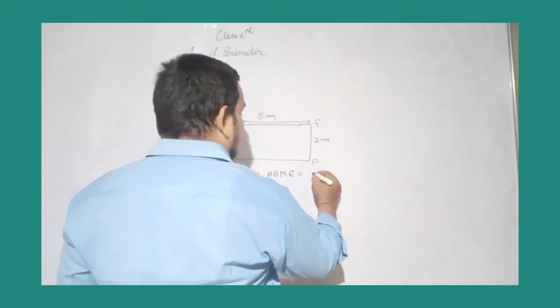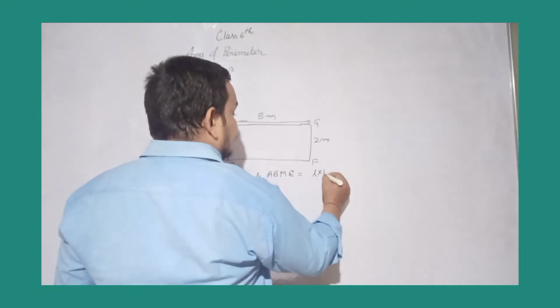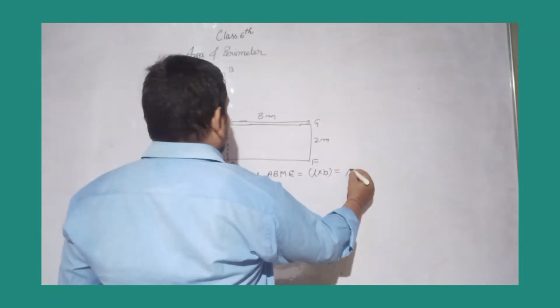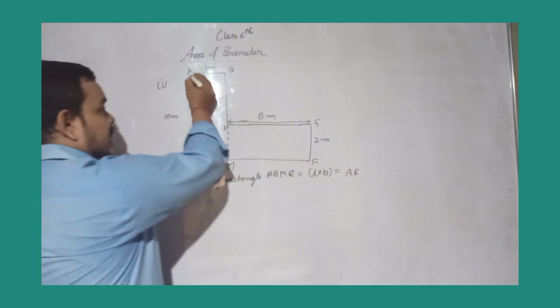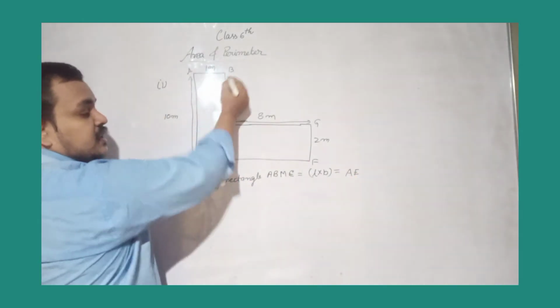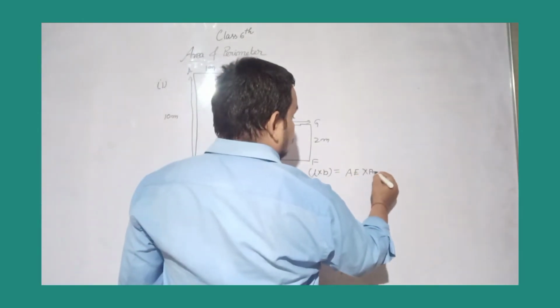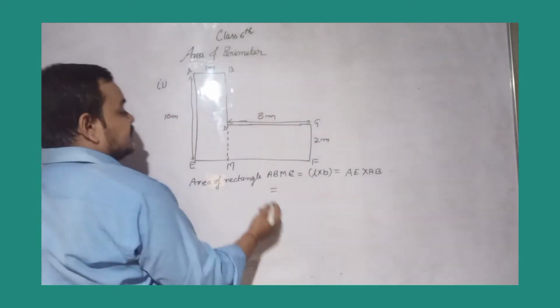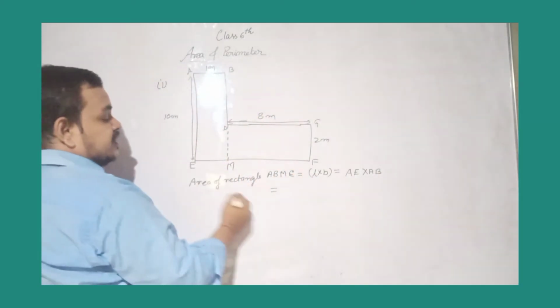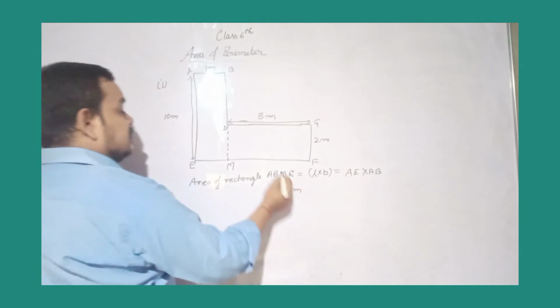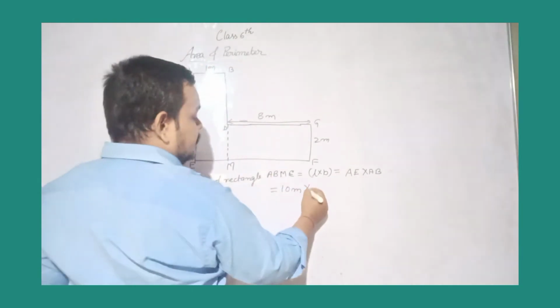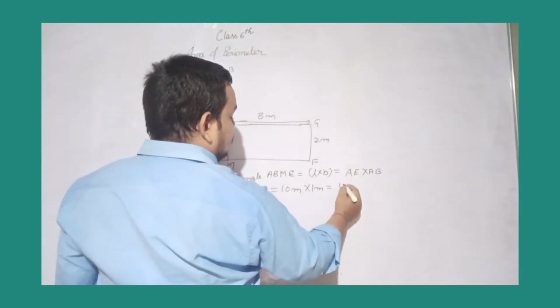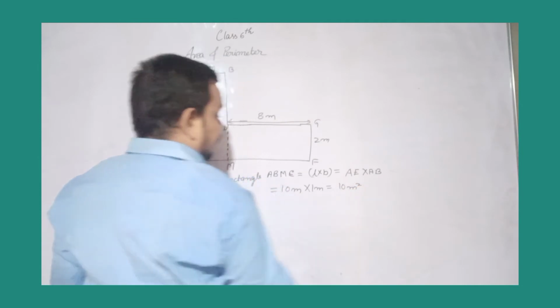So we can say that the formula will remain the same. L into B is equal to AE multiplying with AB. The AE dimension is given as 10 meter and the AB dimension is given as 1 meter. So it became 10 meter square.